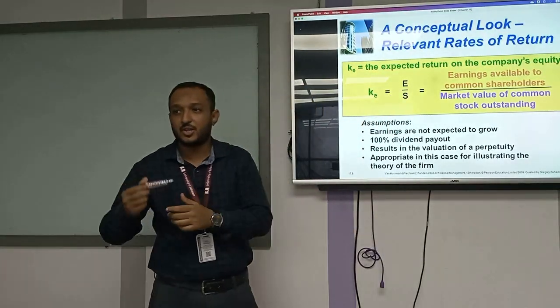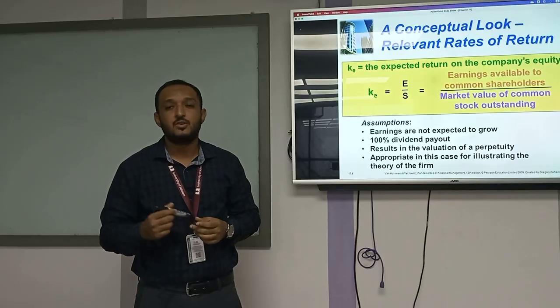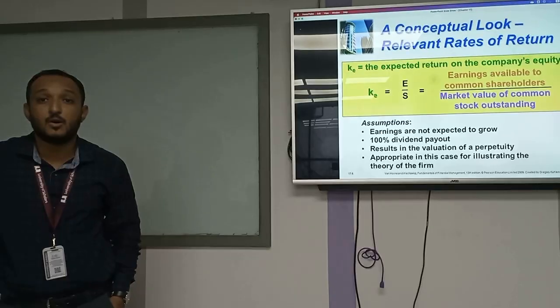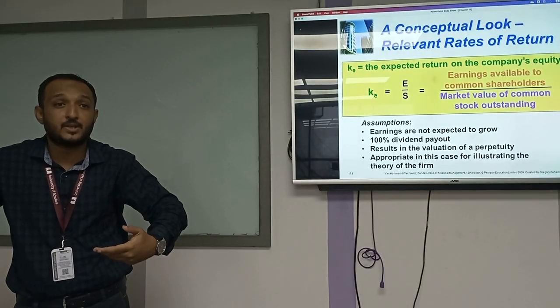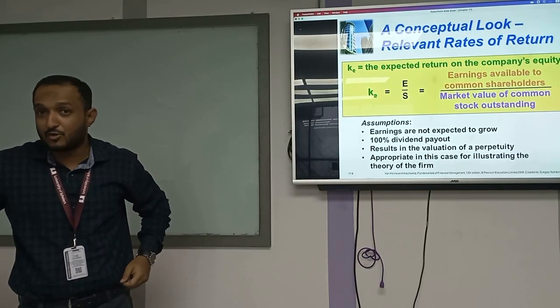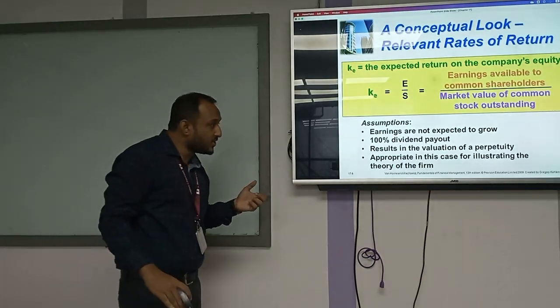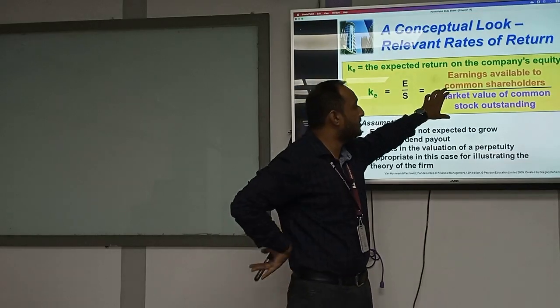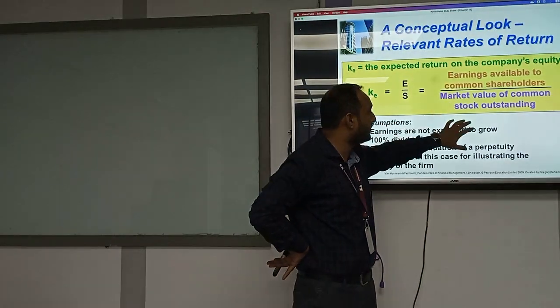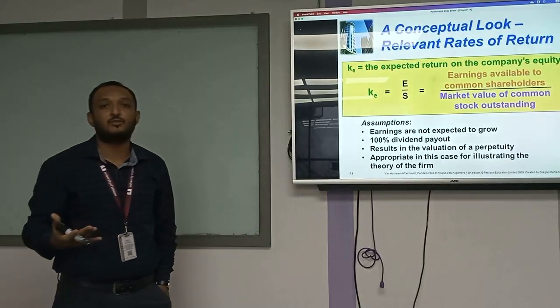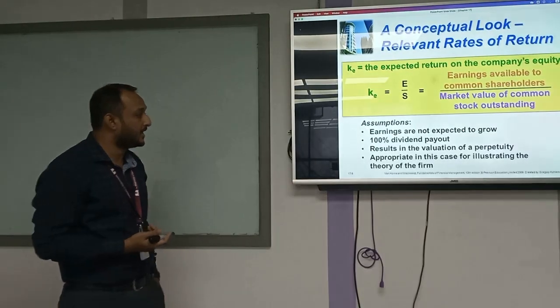Common stock equity holders are the investors in your company. Why do they invest? For some earnings. So how much earnings are available to the common stock shareholders, divided by the market value of common stock outstanding.